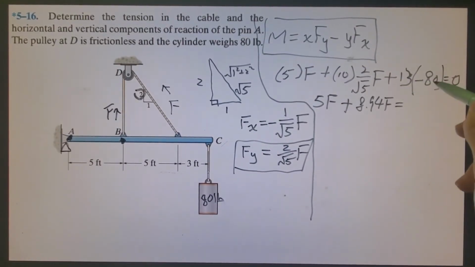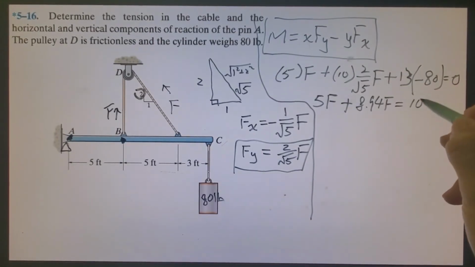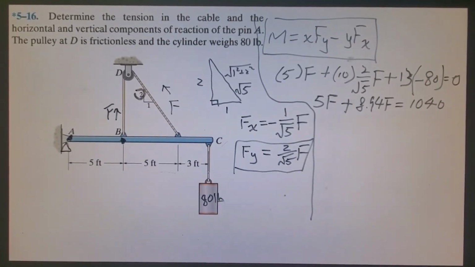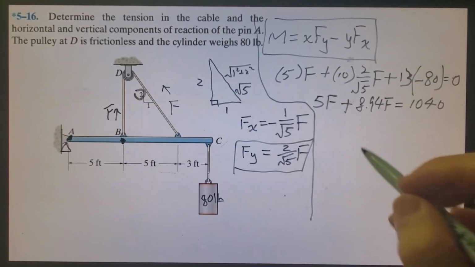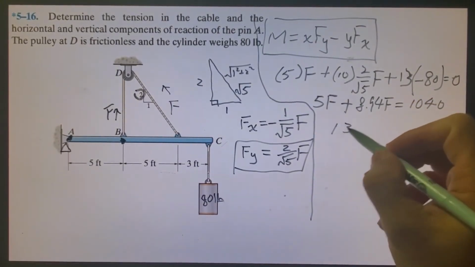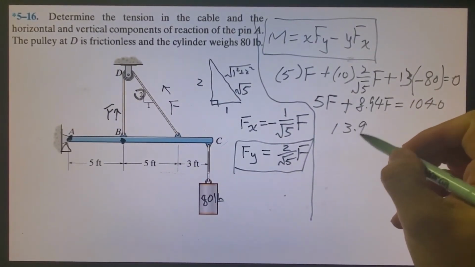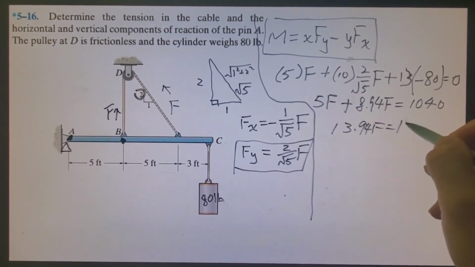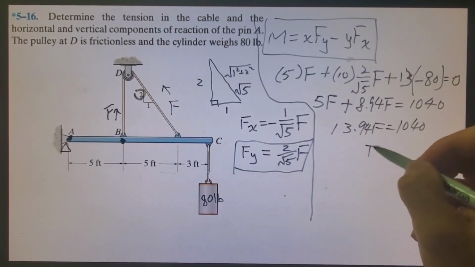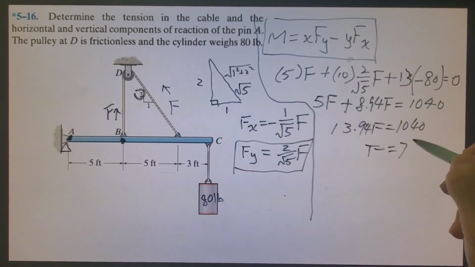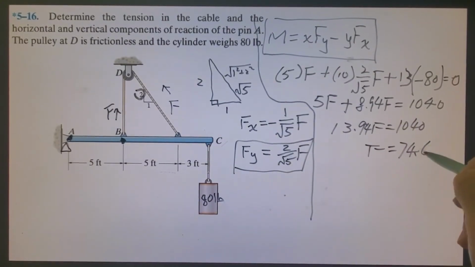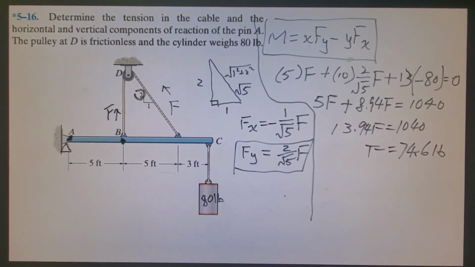So moving to the other side will be positive 1040. All right, so I can combine these two. It will be 13.94 F, that is equal to 1040, and the force will be equal to 74.6 pounds. Okay, so the lucky number for this problem is 2.